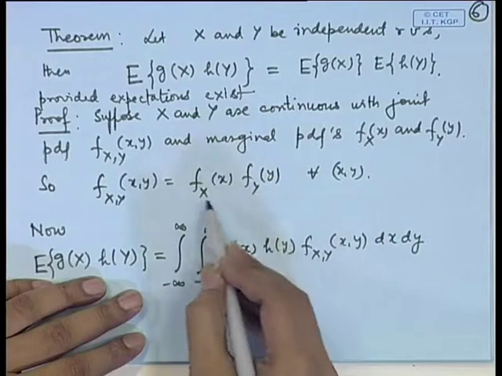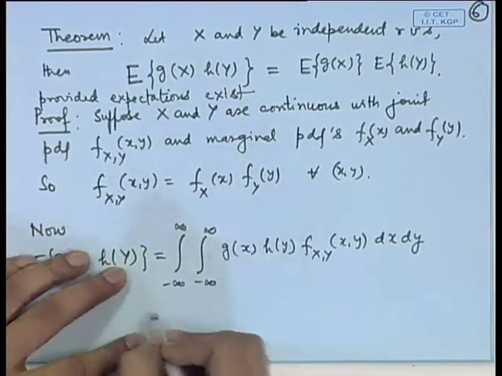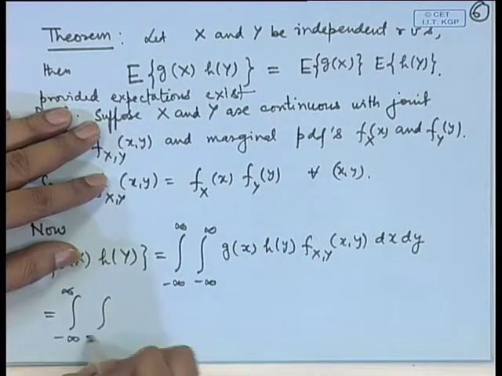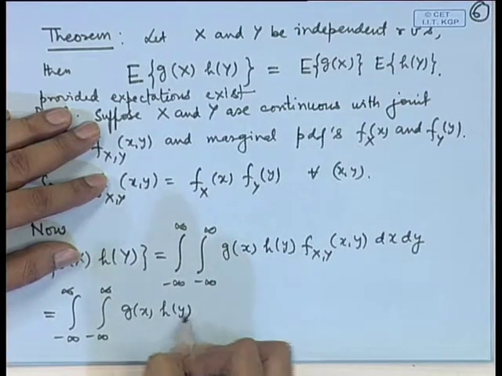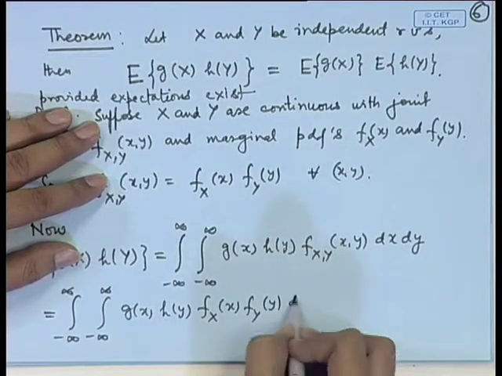Since the random variables are independent, we can make use of the condition of independence. That means, this is equal to the integral of g x into h y f x into f y dx dy.